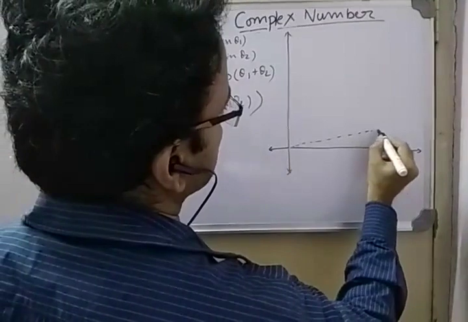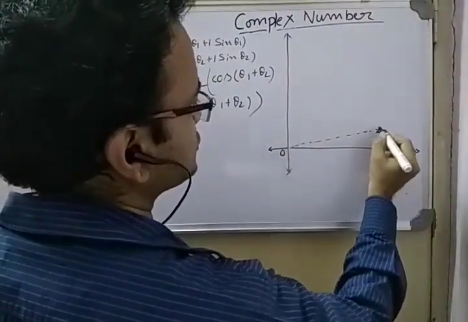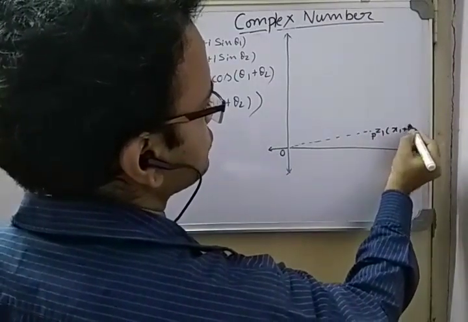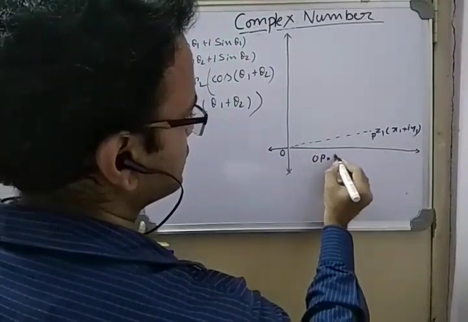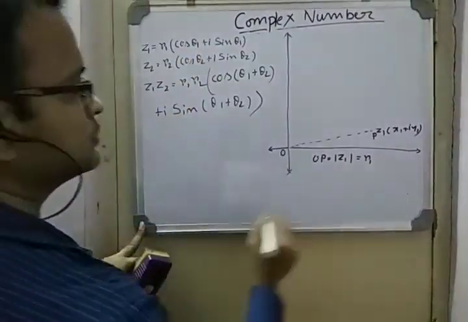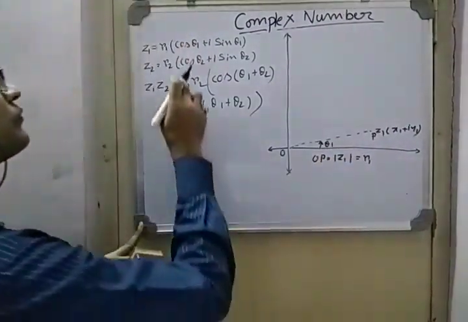Suppose this is Z1, this is O, this is P with coordinate Z1, this is X1 plus I Y1. So what is OP? OP is mod of Z1 equal to R1. Angle, this is theta 1.